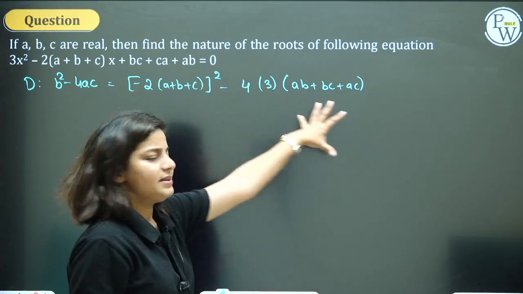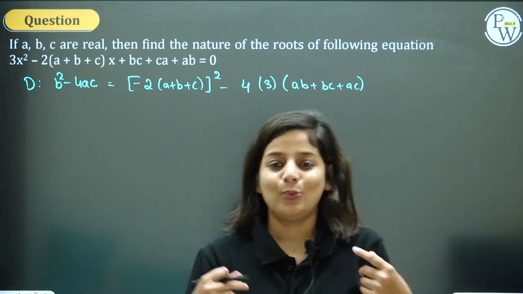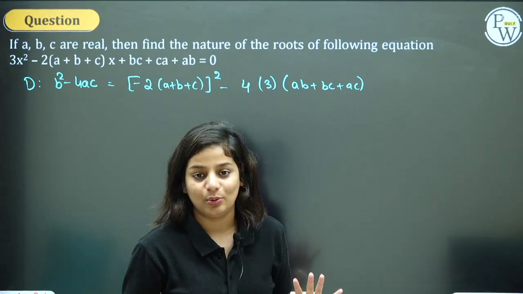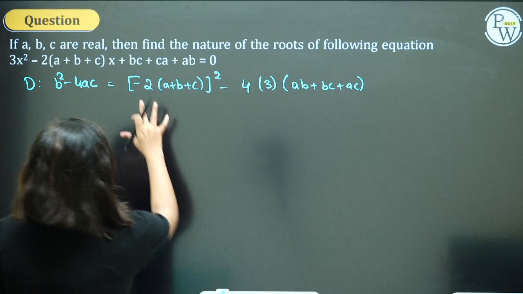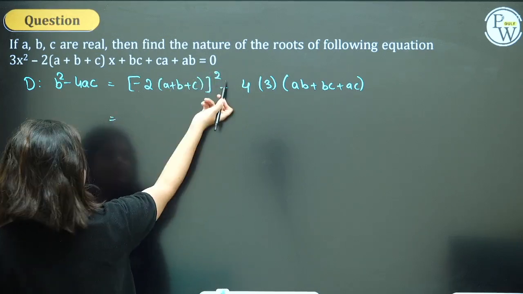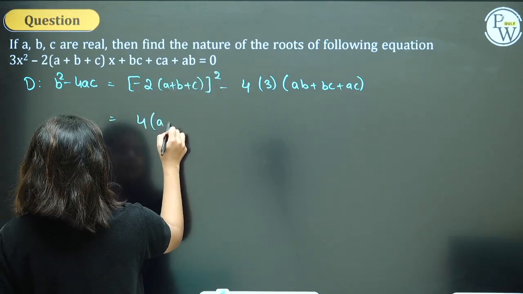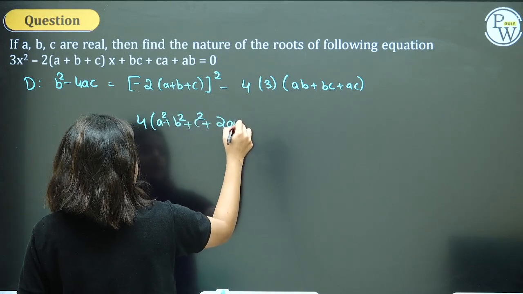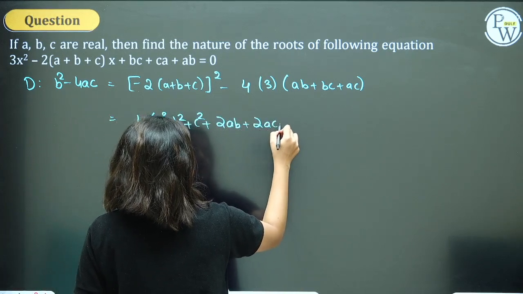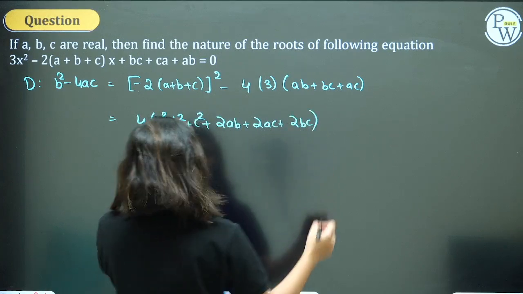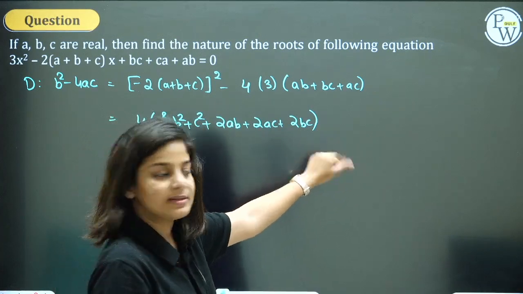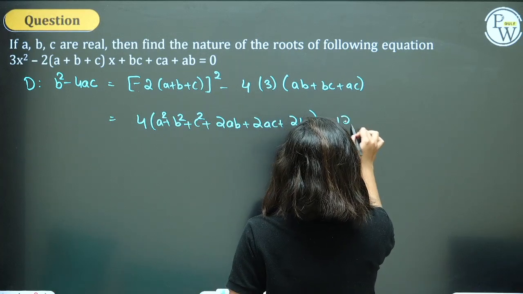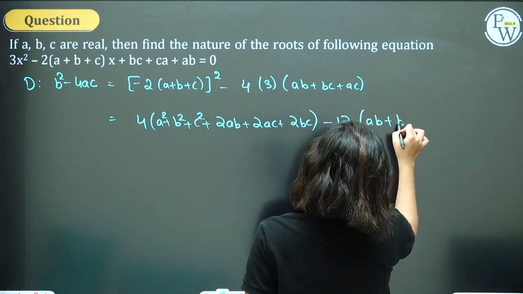Now you have to simplify this RHS and find out whether the discriminant is positive, negative, or equal to 0. Square: 4 times a square plus b square plus c square plus 2ab plus 2ac plus 2bc. Right, the formula is correct for a plus b plus c the whole square. Minus 4 3s are 12 times ab plus bc plus ac.